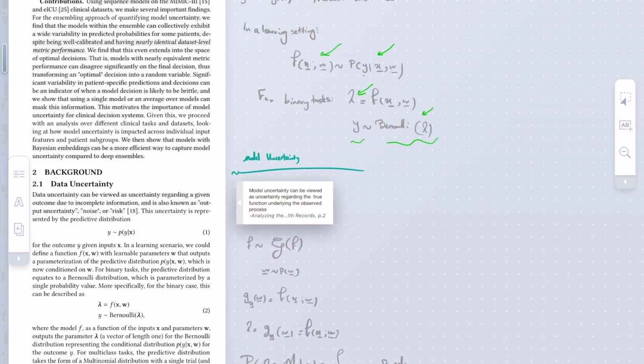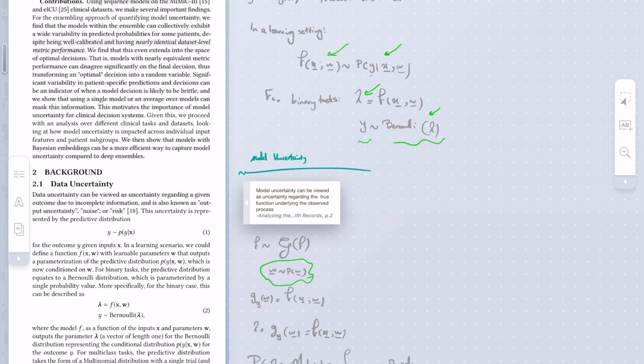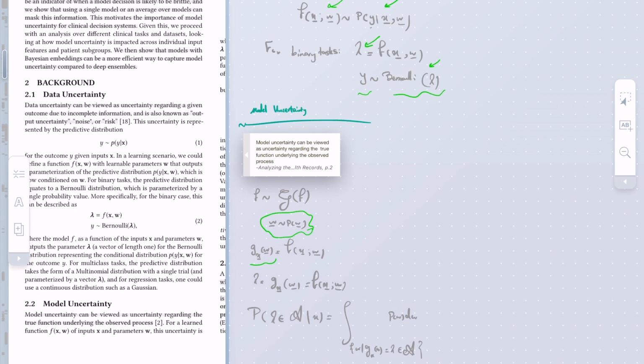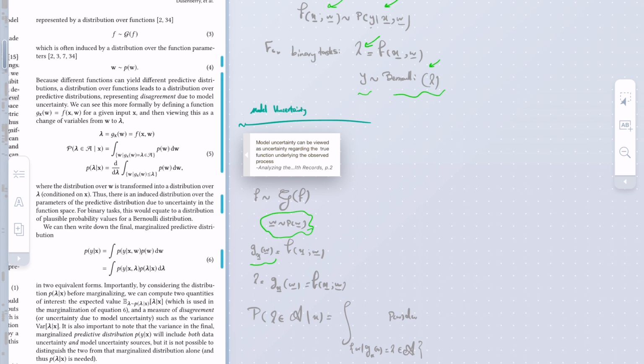Now when it comes to model uncertainty, we basically have a family of functions. Assuming that we are going to work with these weights, the parameters come from a distribution, and we can define this function here. So we have this distribution over functions, and we have this function g of x here. This is a function that is formally defined given an input x, and if you give it the learnable parameters w, it's going to return lambda for you.